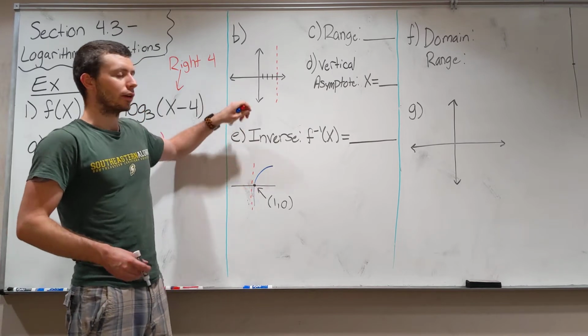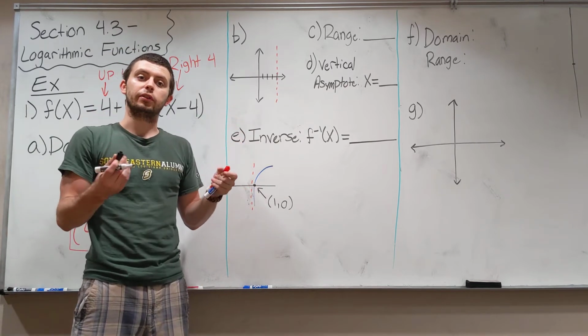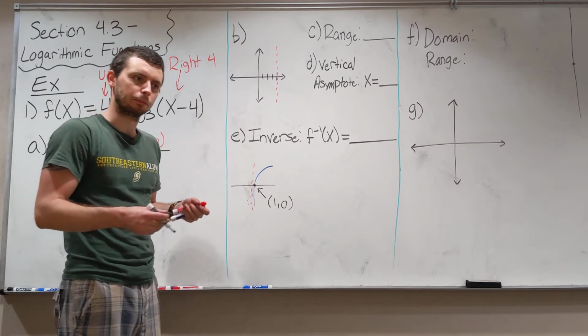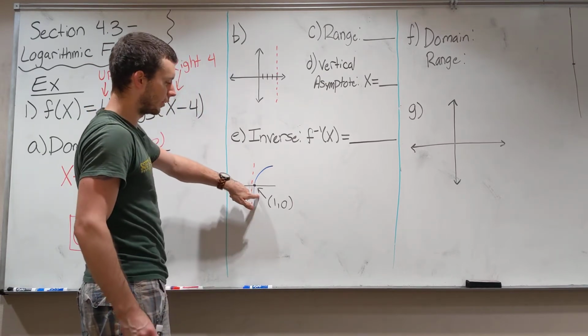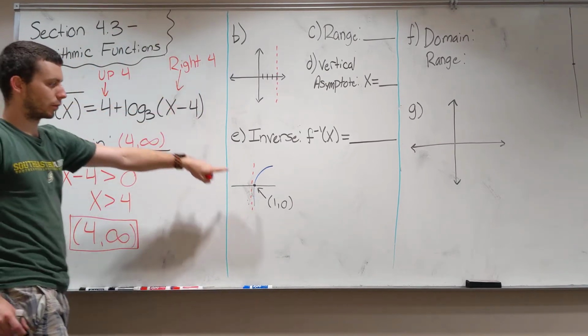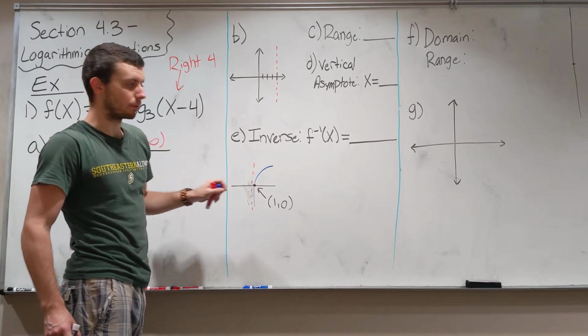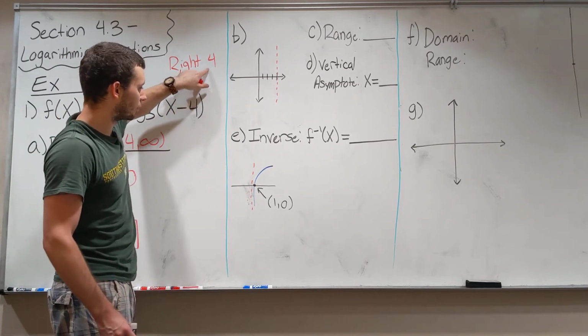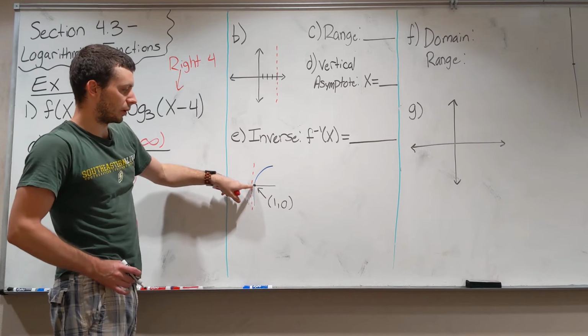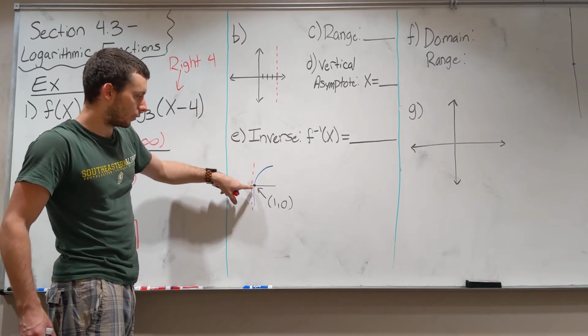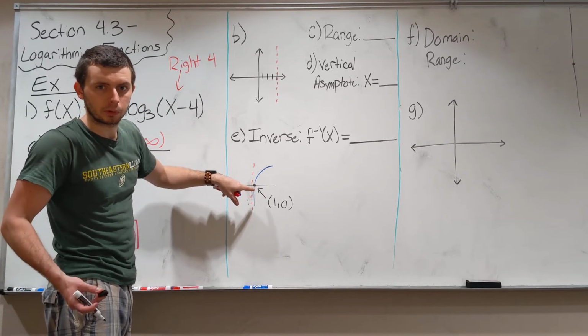So a way we can slowly approximate this graph to something a little bit more exact is by seeing how the shifting would affect that given point. And so if we go to the right 4, that tells us this point goes to the right 4. So instead of 1, 0, that would be 5, 0.